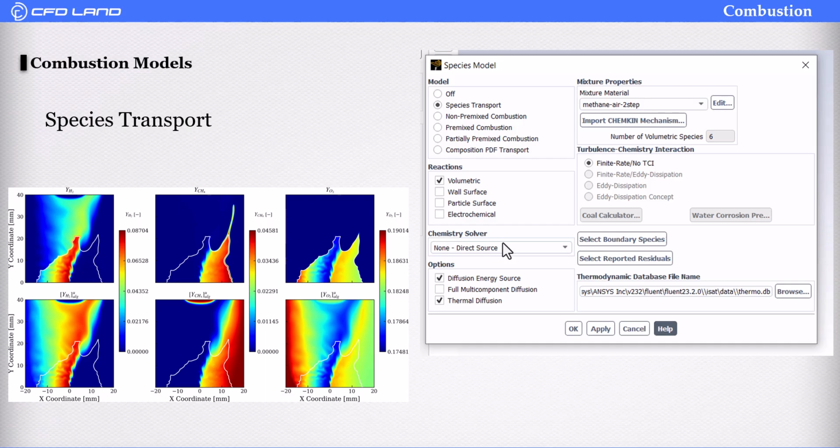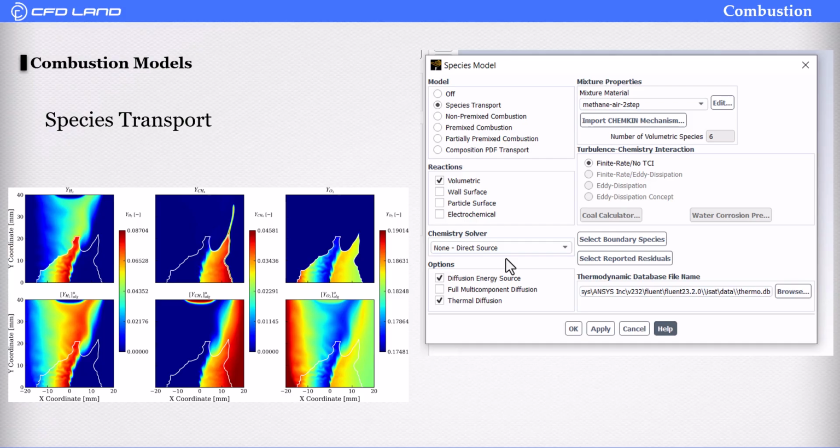For our chemistry solver, if it is non-direct source, it means it is good for density-based solver. If you have a finite rate problem, choose Chemkin or Steve solver.